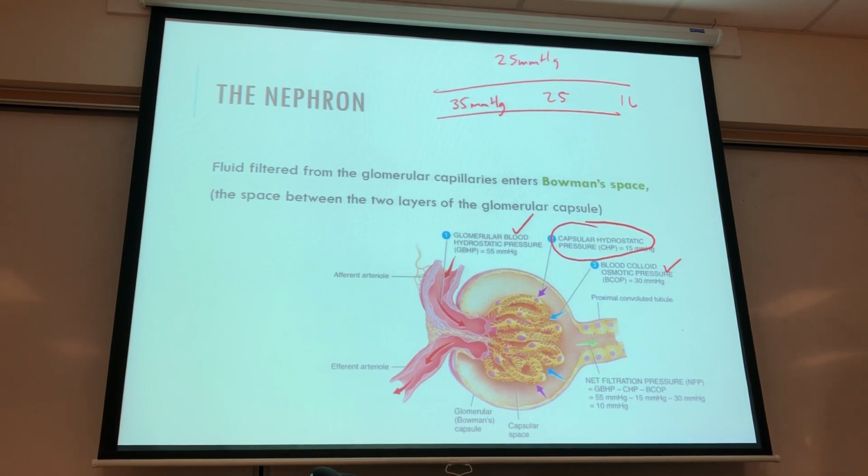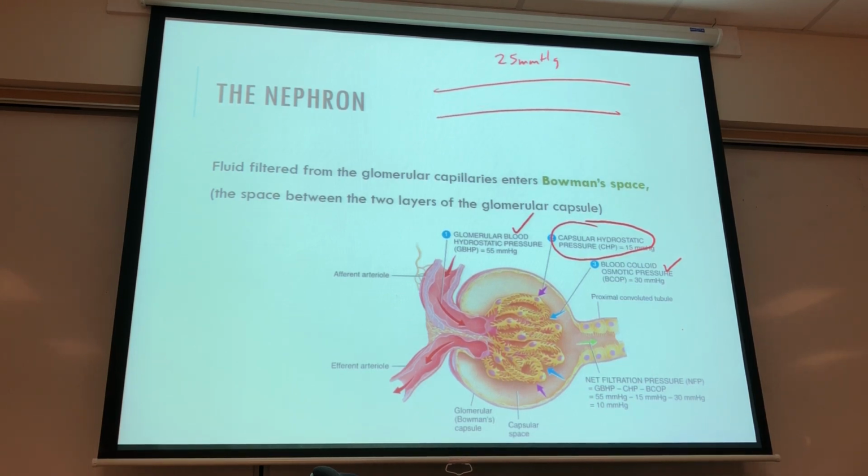That was normal pressures. What would happen if blood hydrostatic pressure decreased? Let's bring it down to 25 millimeters of mercury, 15 millimeters of mercury, and then 6 millimeters of mercury. What we ended up with was no filtration. Most of what we saw was reabsorption. So no filtration.